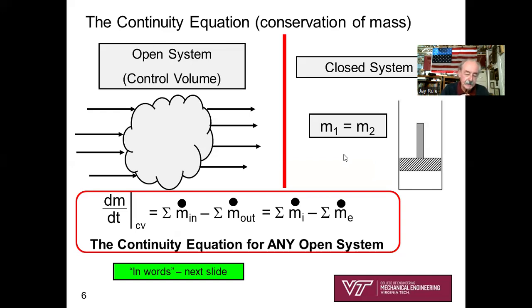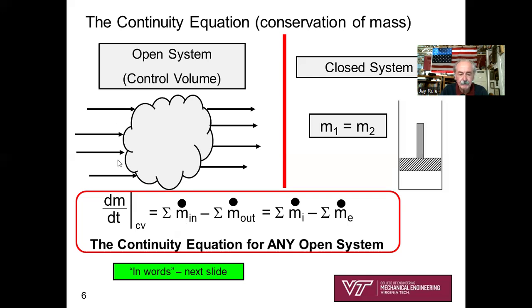For an open system, we just eyeballed some barrel with inflows and outflows. I'm going to suggest that you could write down an equation that would look like this: dm/dt of the control volume, a rate of change, equals the sum of m dot in, where m dot is the mass flow rate in.